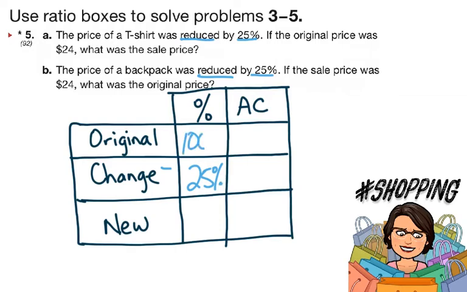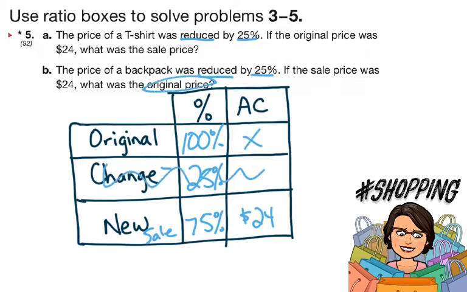Our original was 100%. Our new price will be 75%. And it says if the sale price was $24, the sale price is your new price, okay? So that's $24 in this box. They want to know what the original price is, so that's up here. You don't need change anymore. Go ahead and set up your proportion and solve. All right, good job. You should have an answer for A and B, and you should have 2 ratio boxes for this problem.